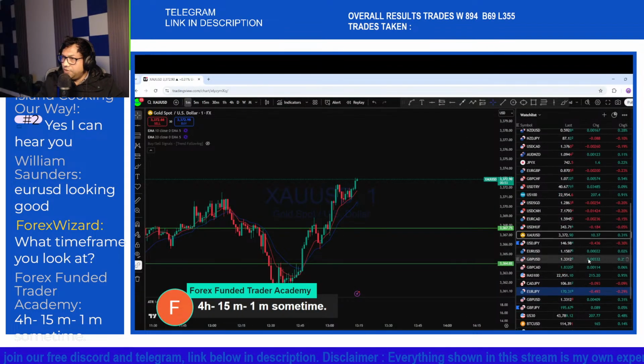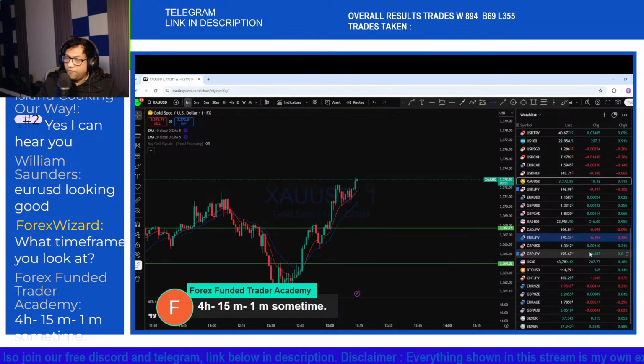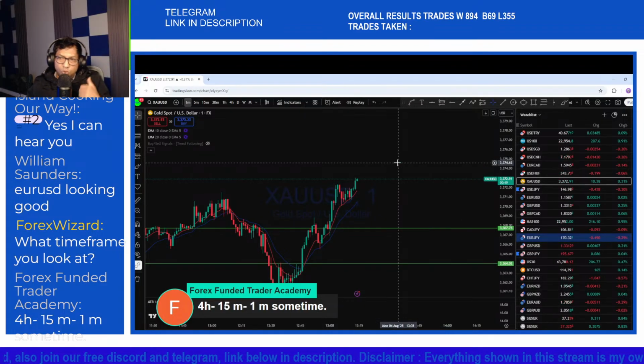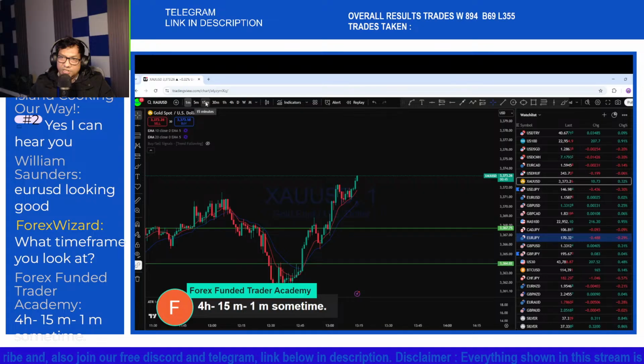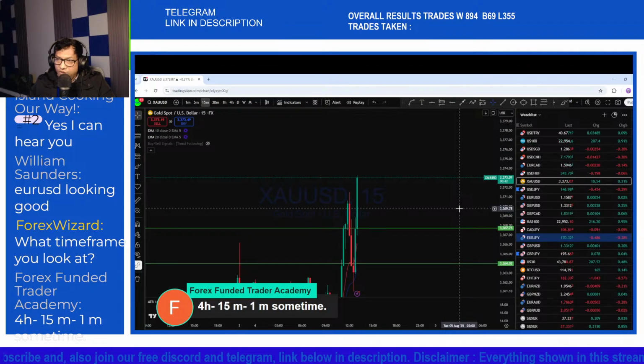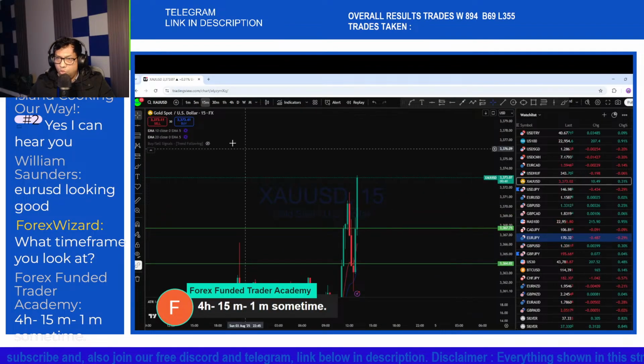We have secured the GBP dollar yen trade and are looking forward to seeing an entry on gold as soon as we see suitable price action confirmation on the 15 minutes or on the 1 minute chart.